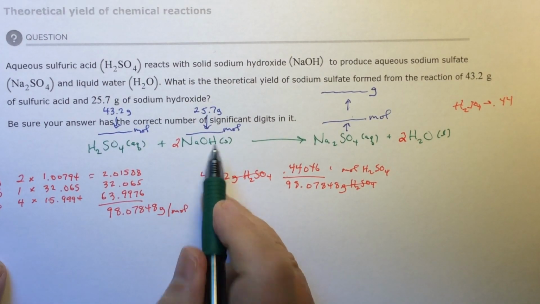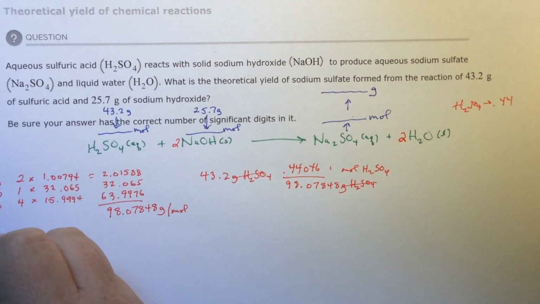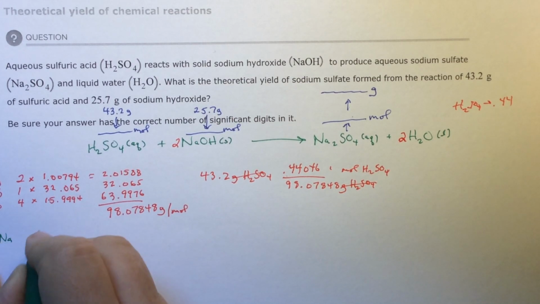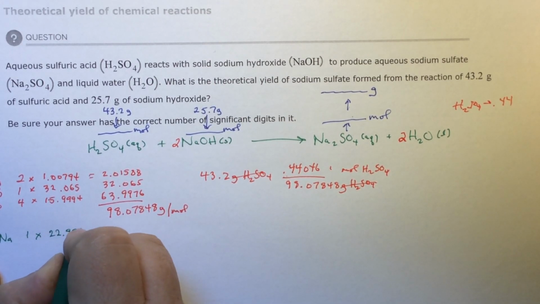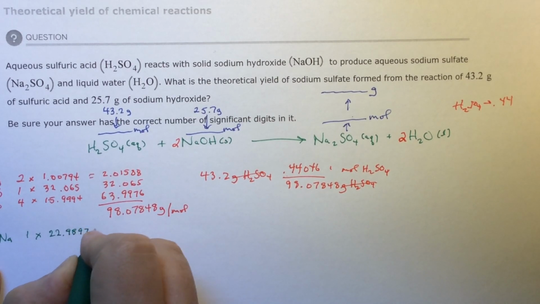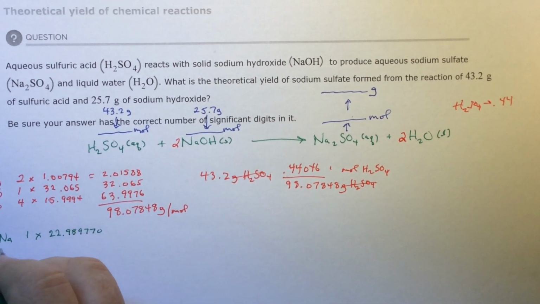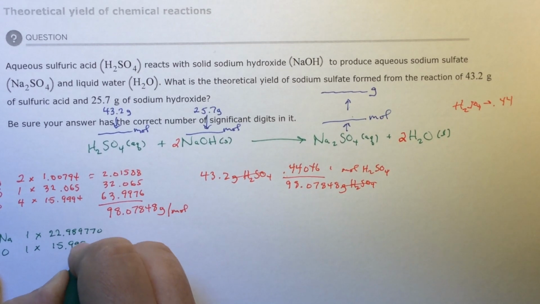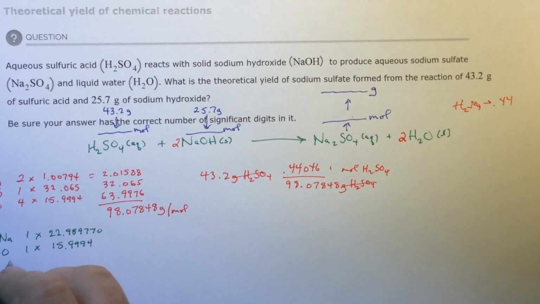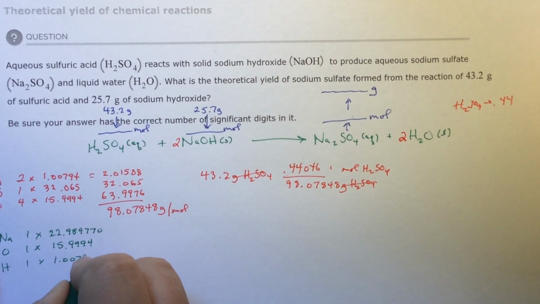I need sodium hydroxide. Sodium, I've got 1 at 22.98970. I have 1 at 15.9994 and H1 at 1.00794.